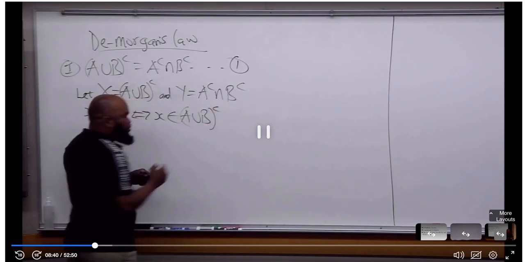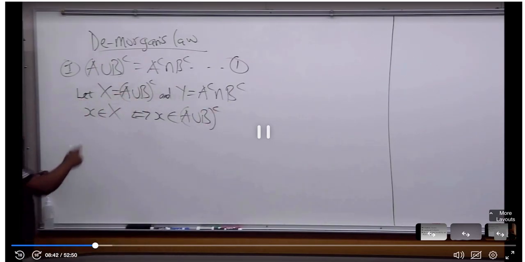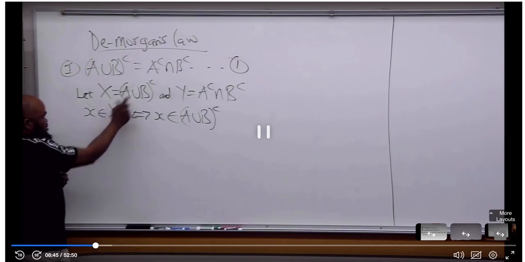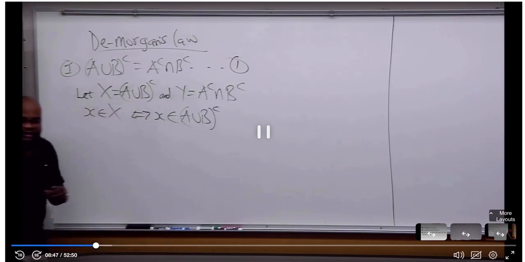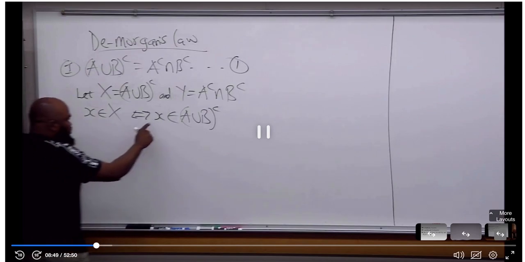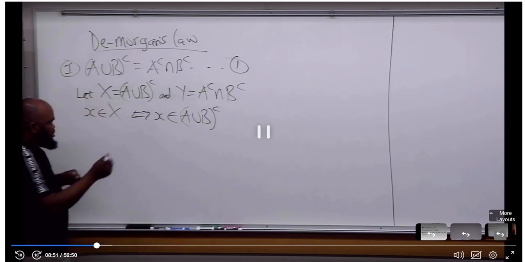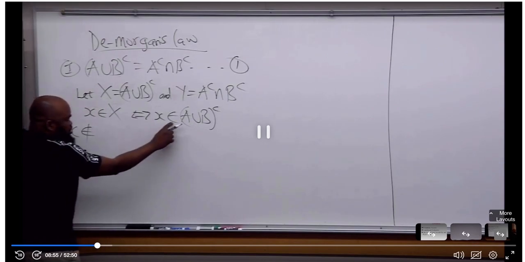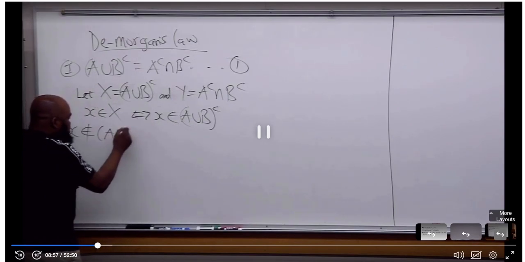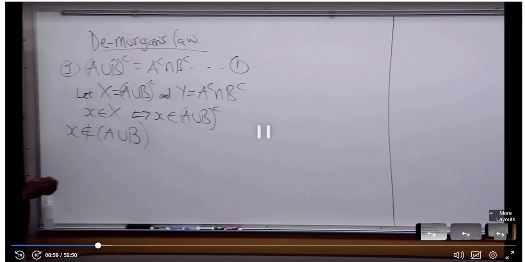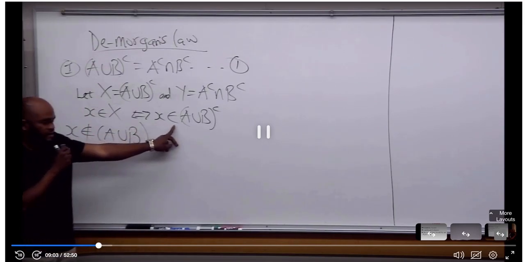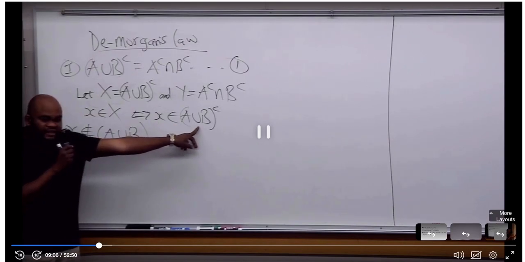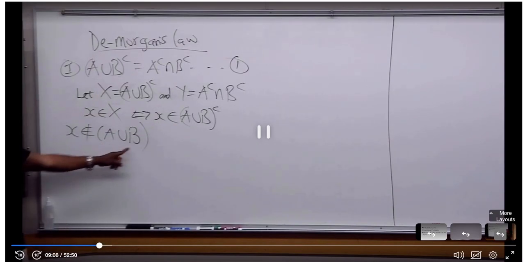Does that make sense? Don't forget this is this. So this comes from there. Now, if this comes from here, automatically, if I change this, then this is going to be this. Isn't it? If this lies in the complement of that, then this is going to be that.